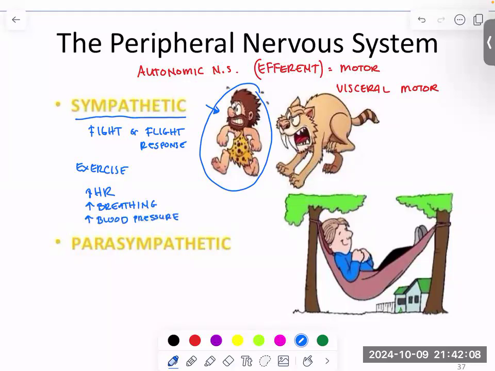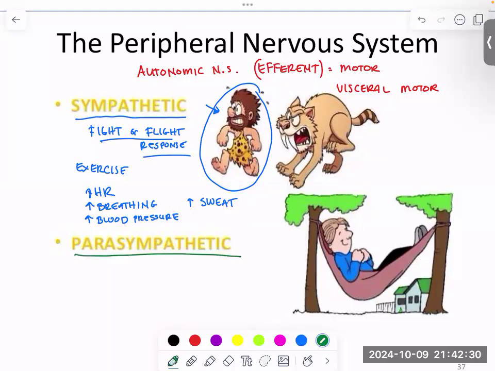When you exercise, think about jumping on the treadmill. What happens to you shortly after you jump on the treadmill? What else do you increase? You need to cool off. These are all governed by the sympathetic division of fight or flight response.